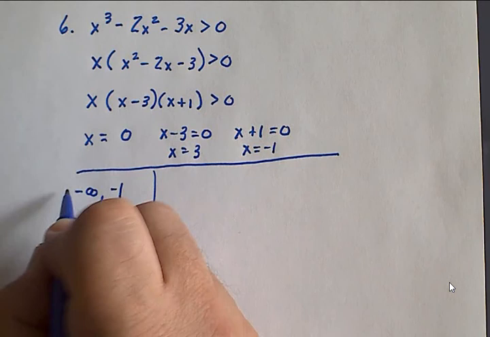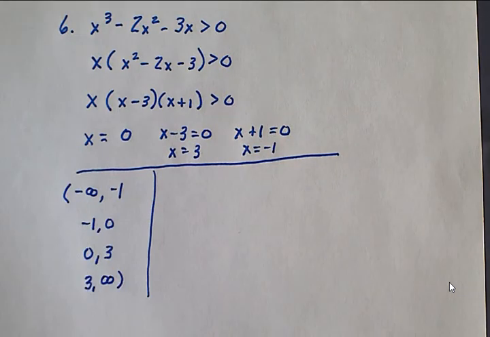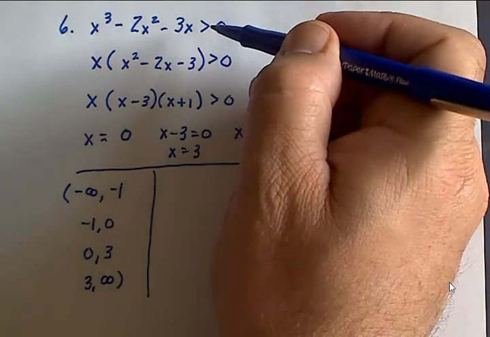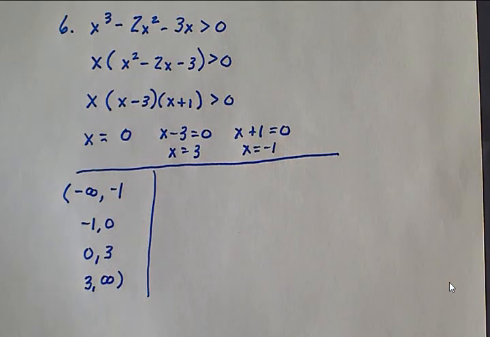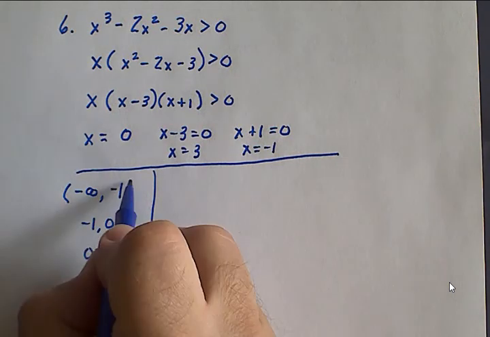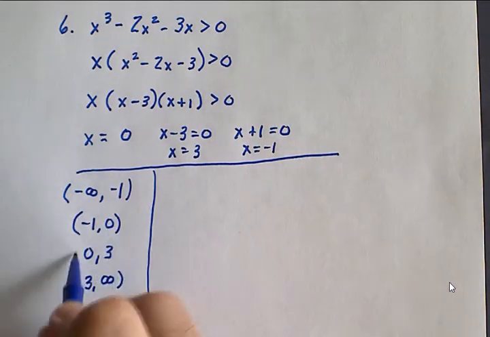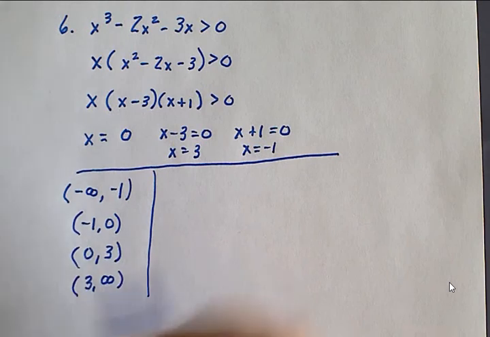Okay? Now, again, you can start out by putting your parentheses on the infinities, but in this case, I have a greater than sign, so that means that the graph is not included, and that means that all of these are going to be parentheses. So I'm going to pick my test numbers.